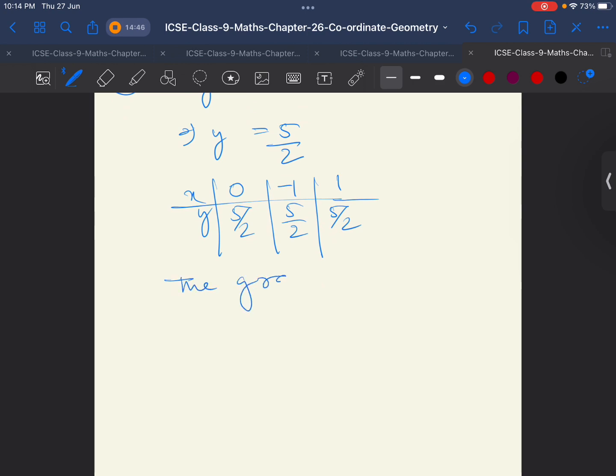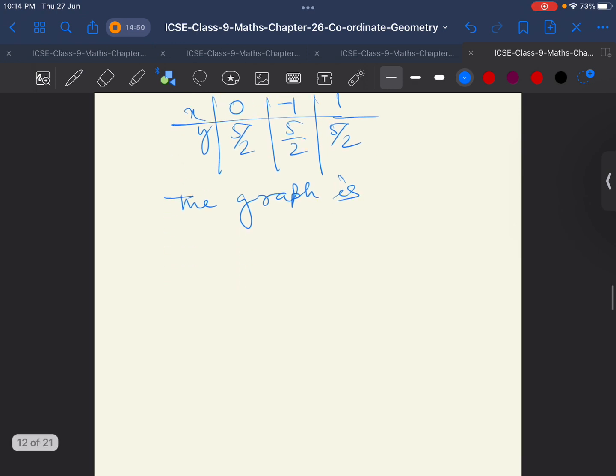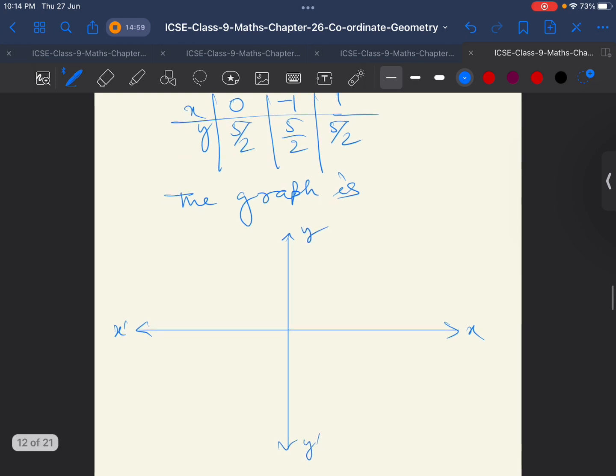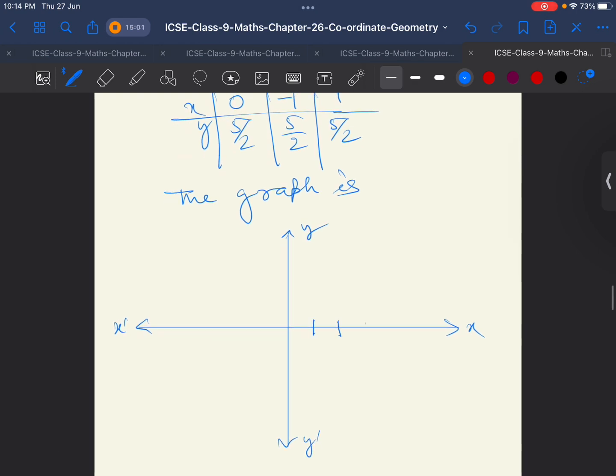So the graph is the x-axis and y-axis. This is x and x dash, this is y and y dash.